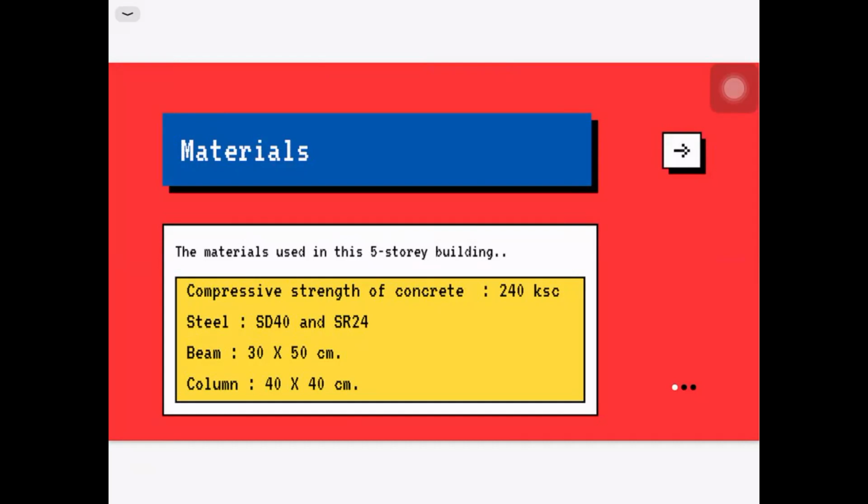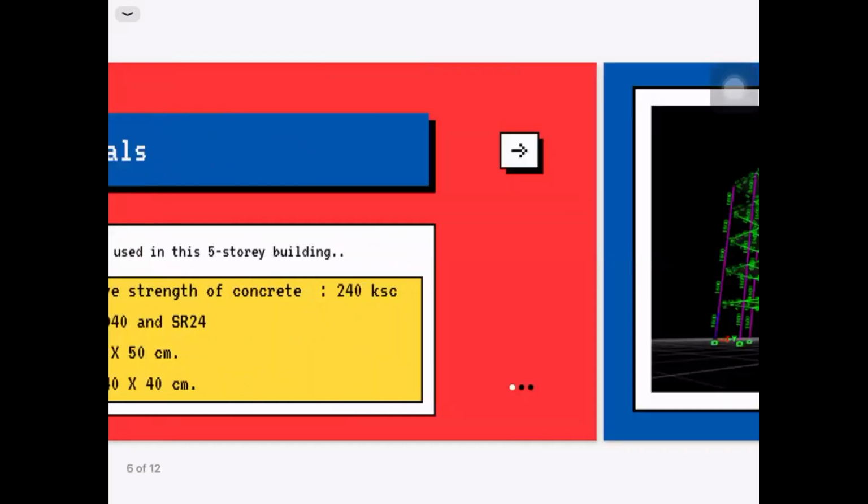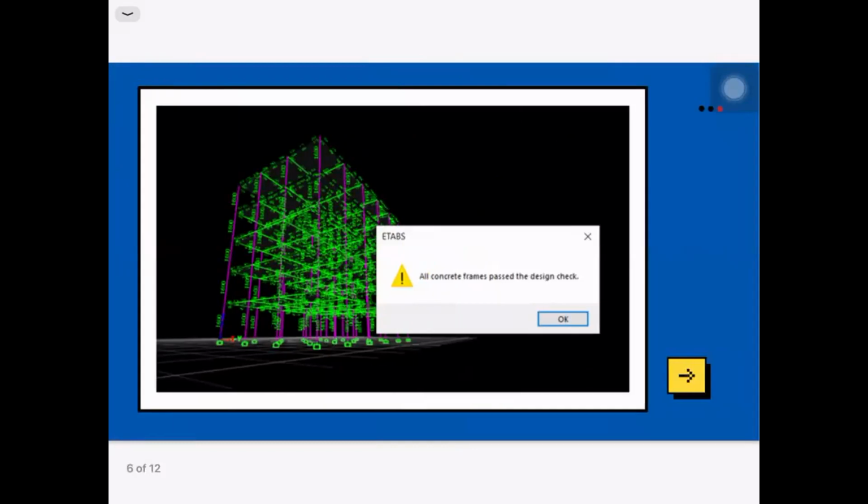For the cross-section areas, the dimension of 30 times 50 centimeters is used for the beam, and 40 times 40 is used for the column. All in all, the building was constructed using the materials and criteria as presented. The building passes the design check.